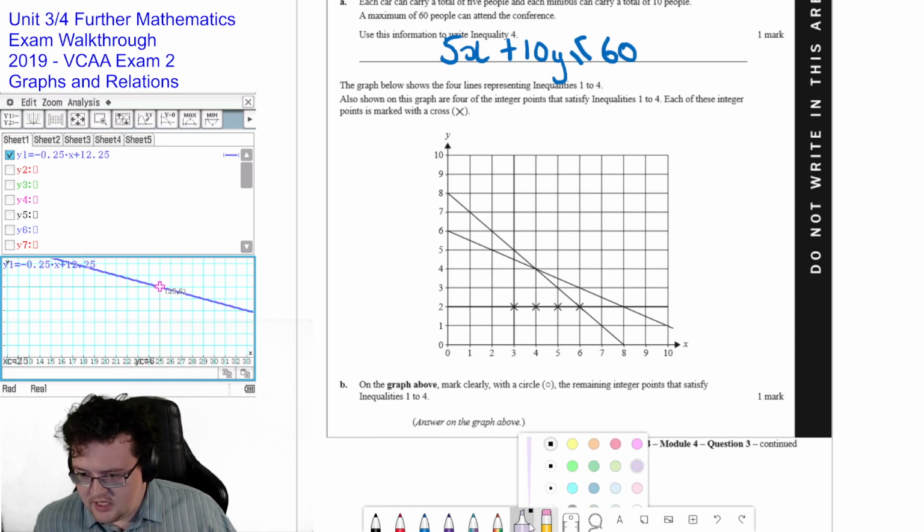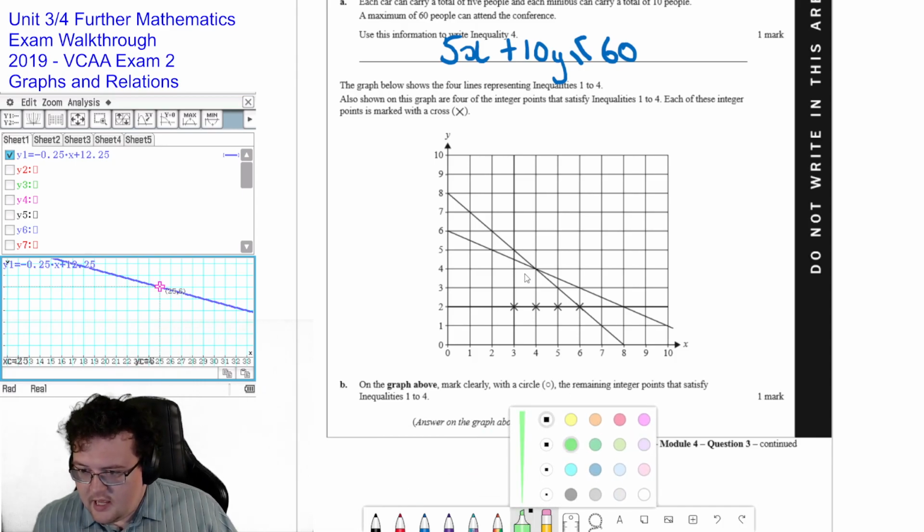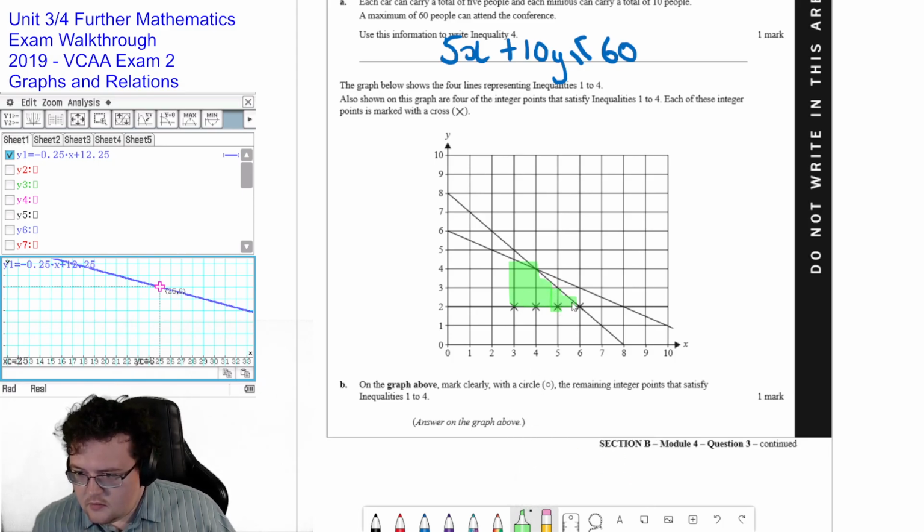And I'm going to use a highlighter for that. It's going to be that little bit there. It's in that green region, ignoring any of the accidental spillage.